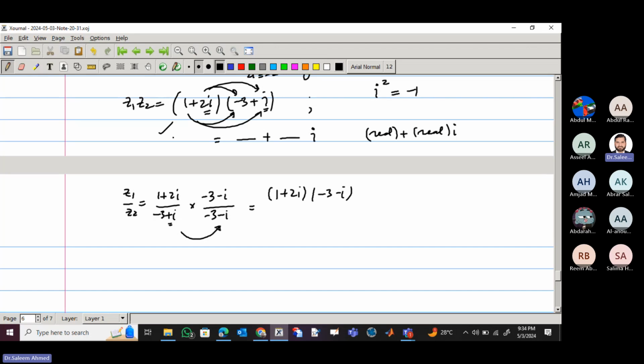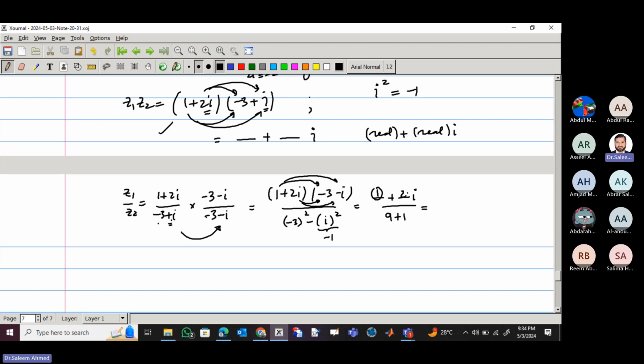Divided by, see, this is A plus B, A minus B, so it becomes A square minus B square. This iota square becomes minus 1 and there is no iota in the denominator now. So the denominator becomes 9 plus 1, which is 10. So see, no iota in the denominator. At the top, when you multiply these two, you will get a real plus real iota, so you can just divide by 10 now.